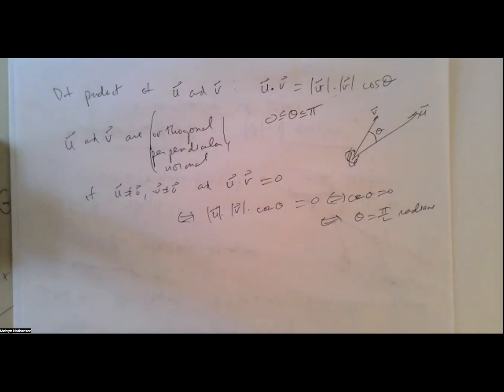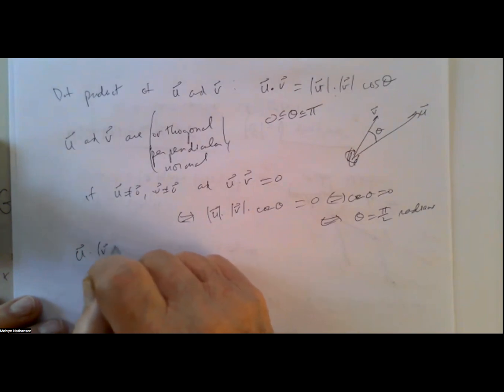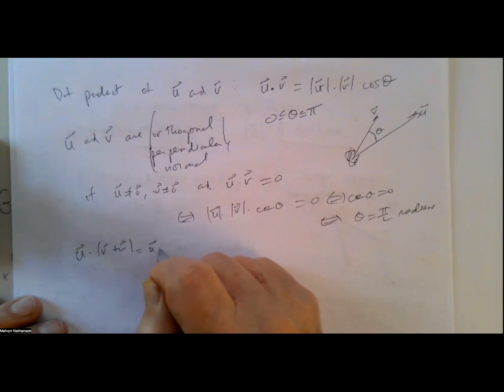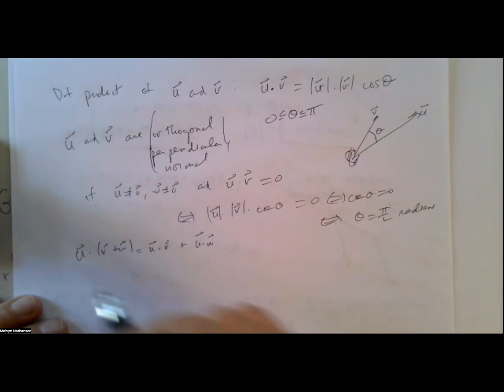And again, this dot product has simple properties like distributivity: U dot (V plus W) is U dot V plus U dot W, and so forth. There are lots of such properties.